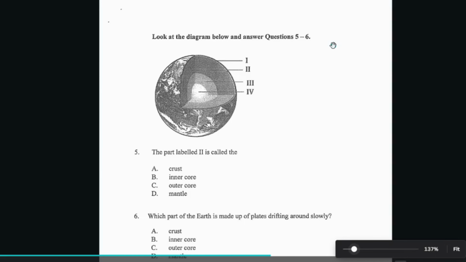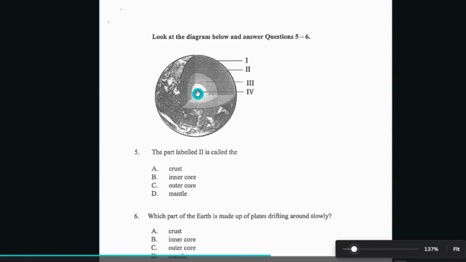So this area here would be the outer core. And number 4 is the inner core. Okay? So we have the crust, the mantle, the outer core, and the inner core. Very, very easy to remember. You just have to know crust, mantle, outer core, and inner core. Okay? Make sure you practice this.